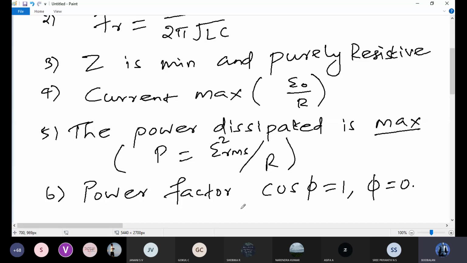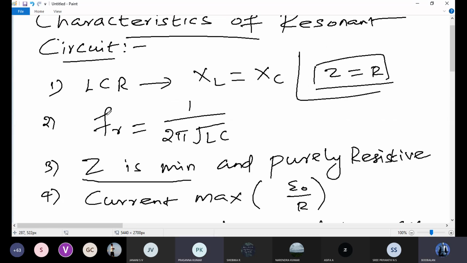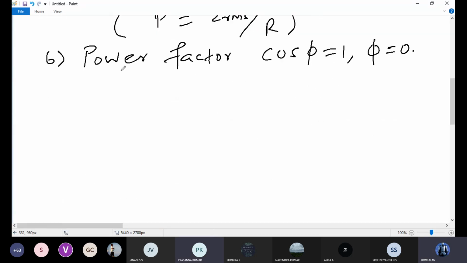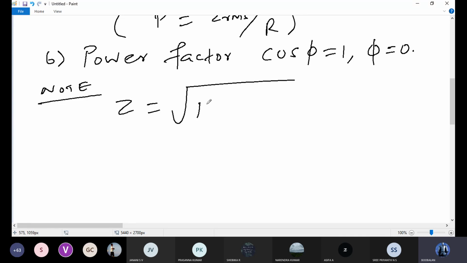So third point, purely resistive, it is also minimum. Purely resistive means Z value. Z means impedance. But impedance formula is Z equal to root of R square plus XL minus XC whole square.